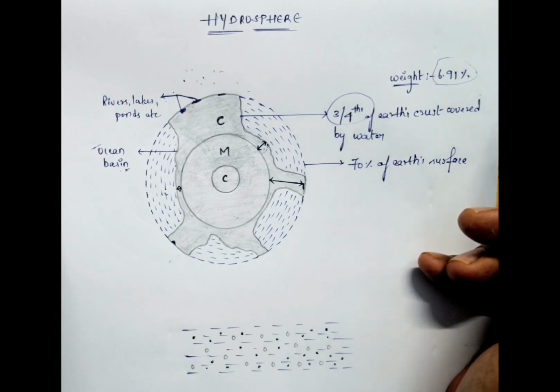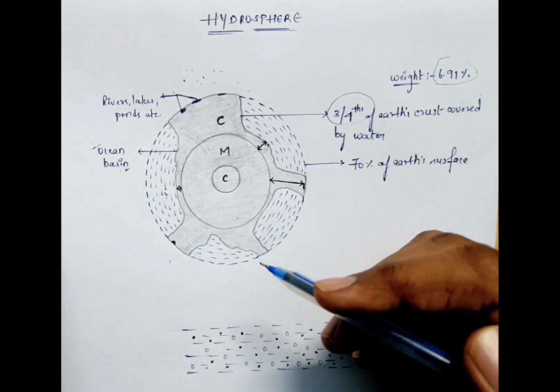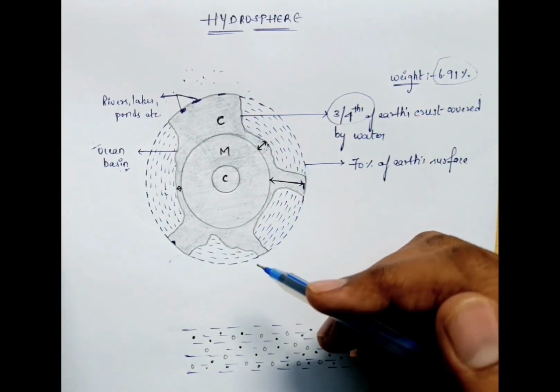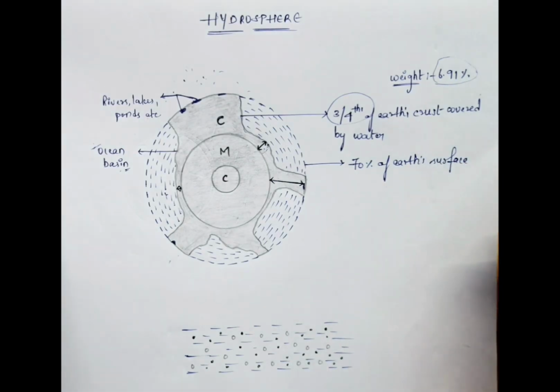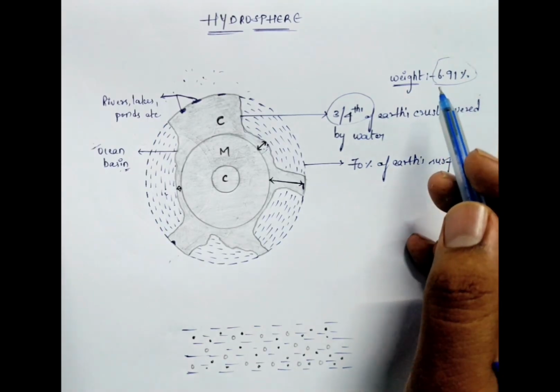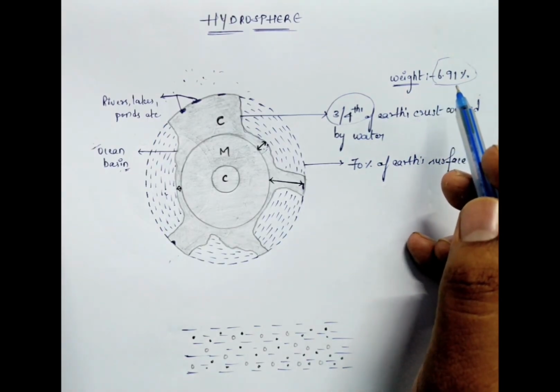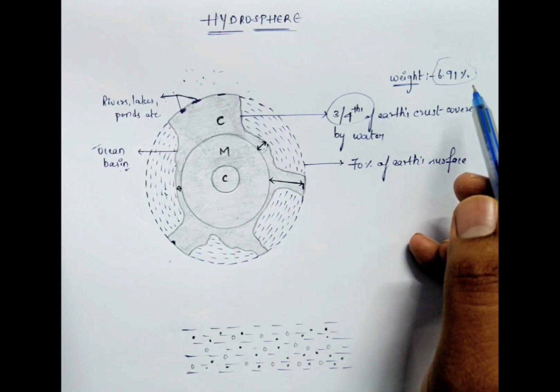There you can see number 3 in the weight, 0.03%. Here you can see 6 and 9. 3, 6, 9. So you can remember like that, friends. I am telling you how to remember. 6.91% of Earth's weight is contributed by hydrosphere, and that is another point.